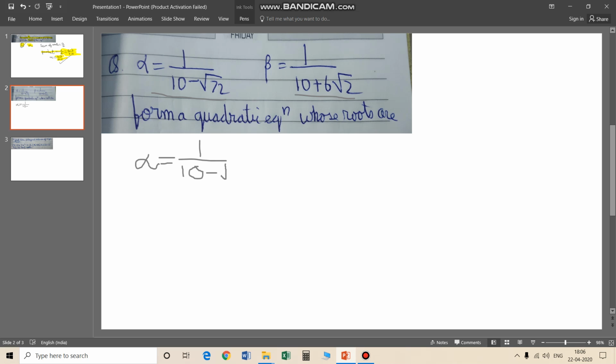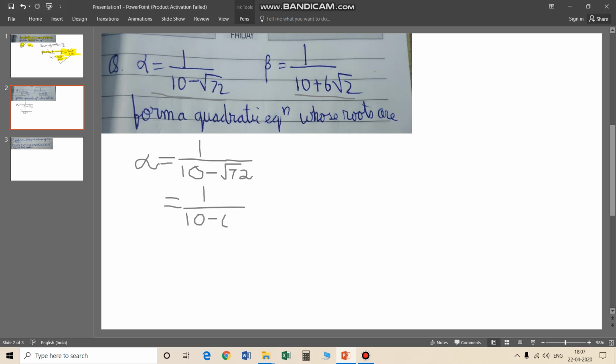So what is root 72? It is very clear that root 72 is nothing but 6 root 2. Beta is 1 by 10 plus 6 root 2. Alpha is 1 by 10 minus 6 root 2.